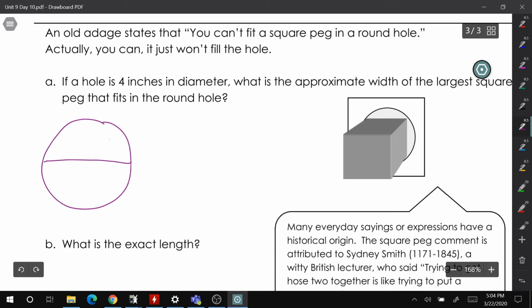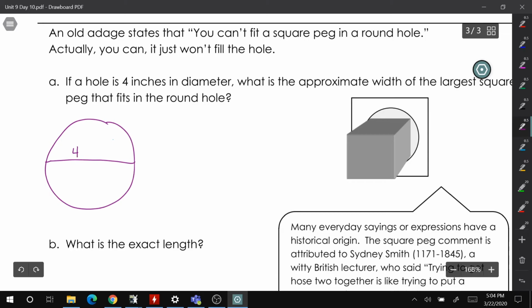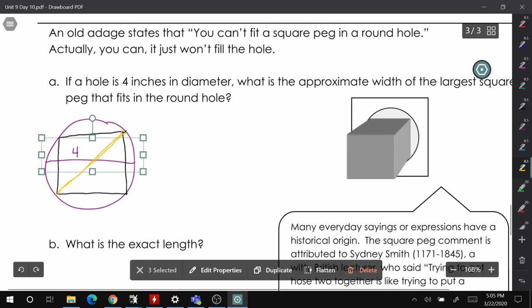Diameter is 4. In order to fit a square peg into that, the largest distance should be the diagonal, which should also be 4.